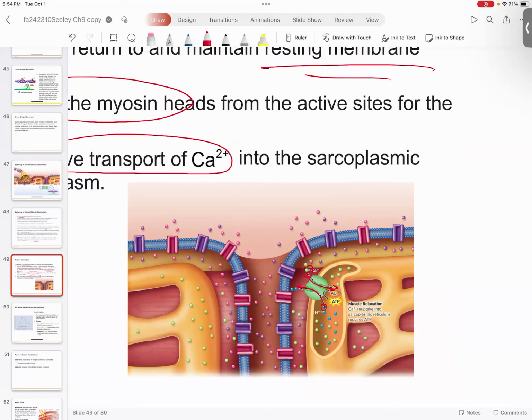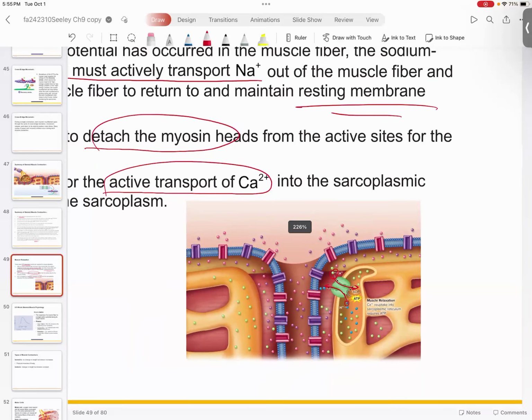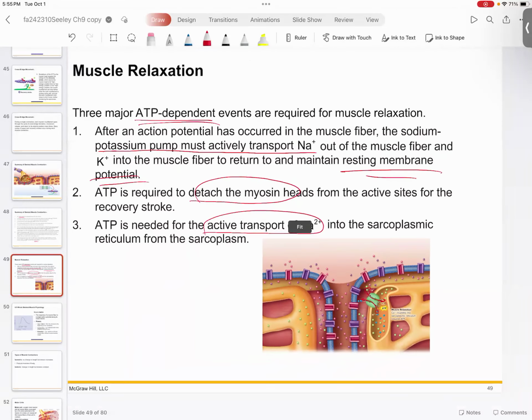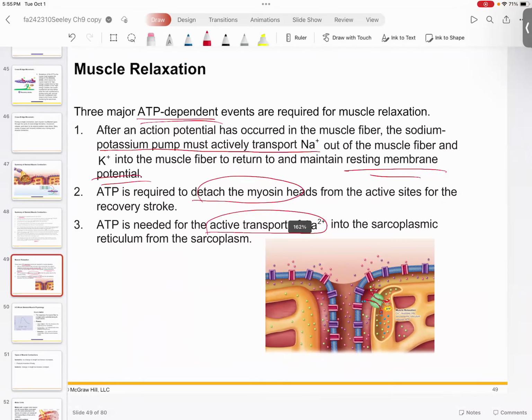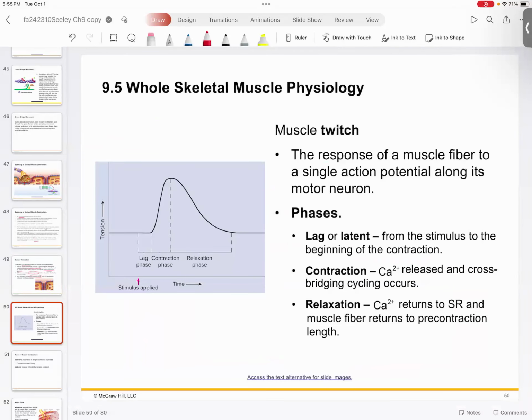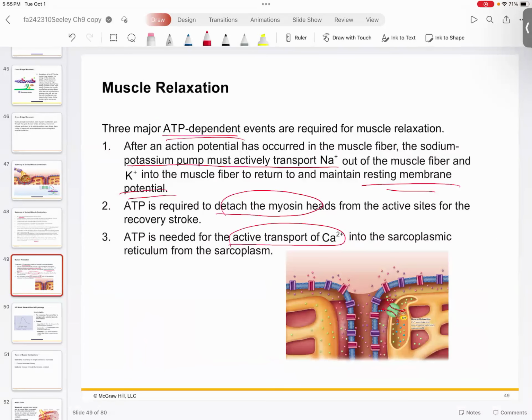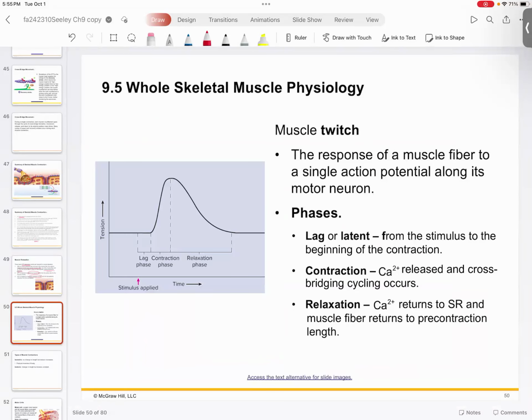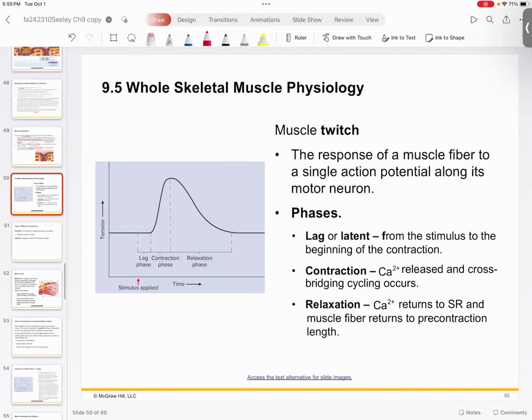In this case, the calcium's coming in, the hydrogen ion is going out. And so that's your calcium pump, but that requires ATP. It's an energetic process. So all three of these are necessary to basically make sure that you get repolarization, or rather muscular relaxation. Okay, so now that we have those two down, let's go ahead and take a look at the nature of the muscle twitch, the dynamics of contraction relative to relaxation.